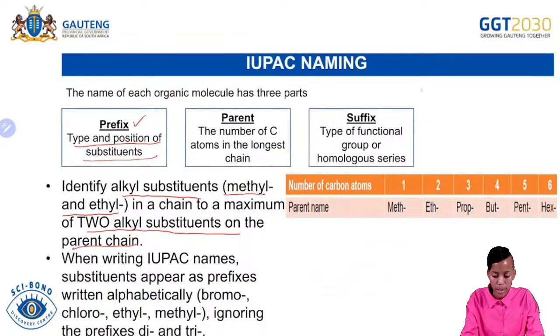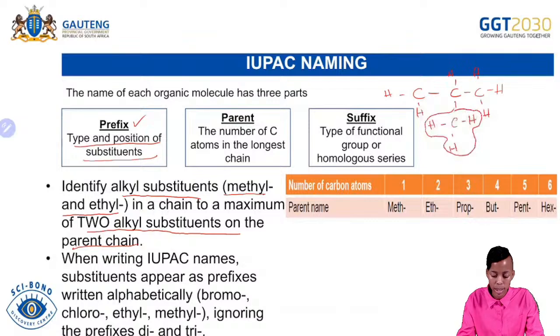So for example, if this was your chain, your methyl would be this one. So methyl means that you only have one carbon in that chain.